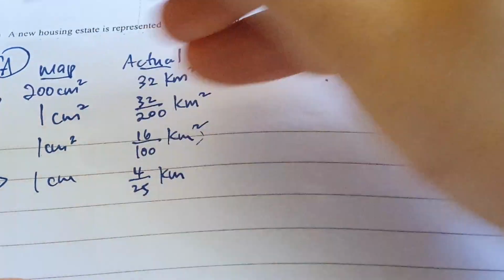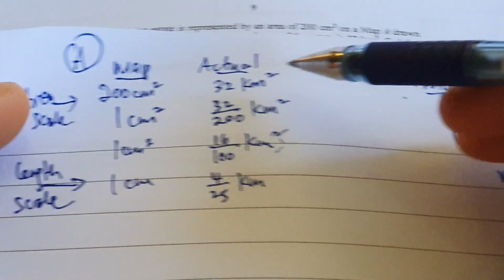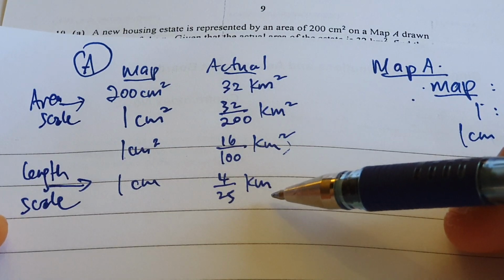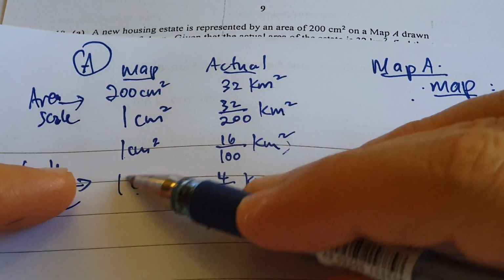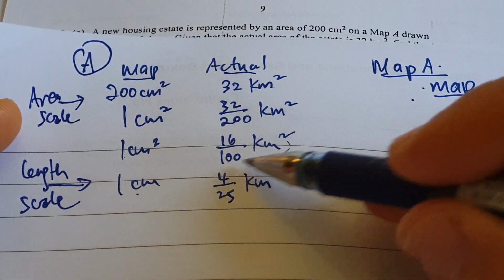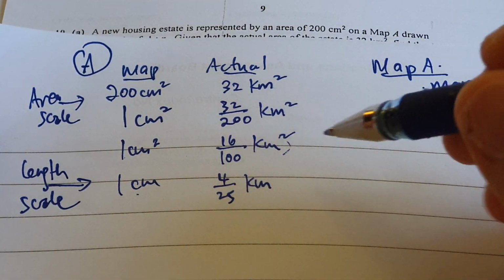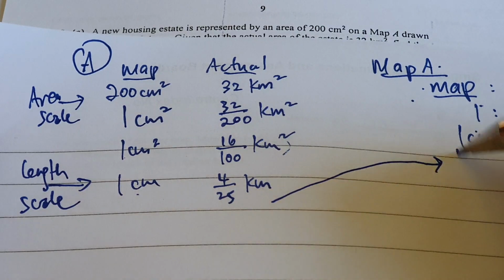This is what we call the length scale. This is what we call the area scale. So you must move from the area to the length scale. Then this 1 cm is this 1 cm, right? Already don't need to do anything here. Your job now is to change this kilometer to cm.